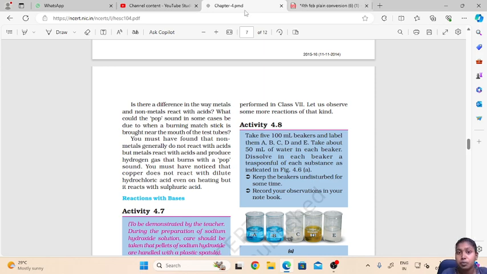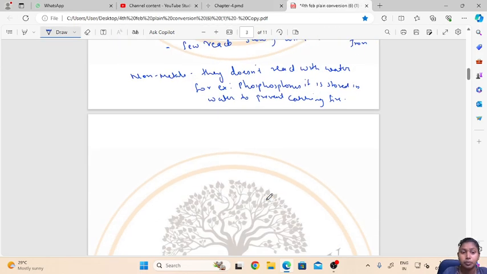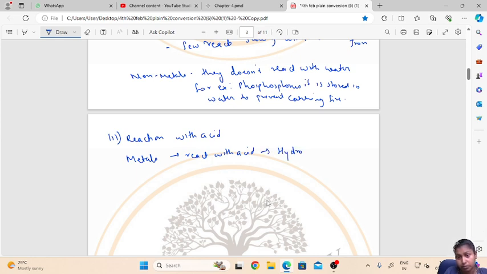So again, the next one is reaction with acid. Metals react with acid, forming hydrogen gas, which gives a pop sound.